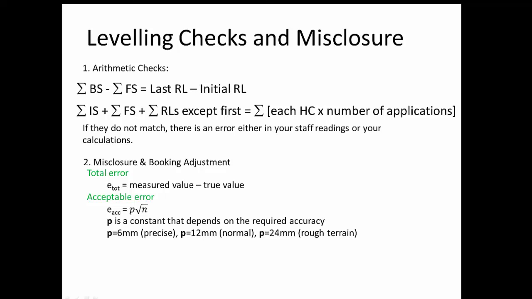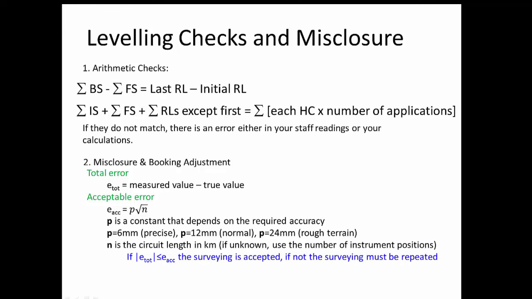We'll normally be using either precise or normal precision, and n is the circuit length in kilometres, and if it's unknown, then we'll just use the number of instrument positions that we have. In this case, we've got 2 instrument positions because the instrument was moved once. As long as the total error is less than the acceptable error, then we can accept the survey. If not, it is deemed outside the limits of what is acceptable and should be repeated.